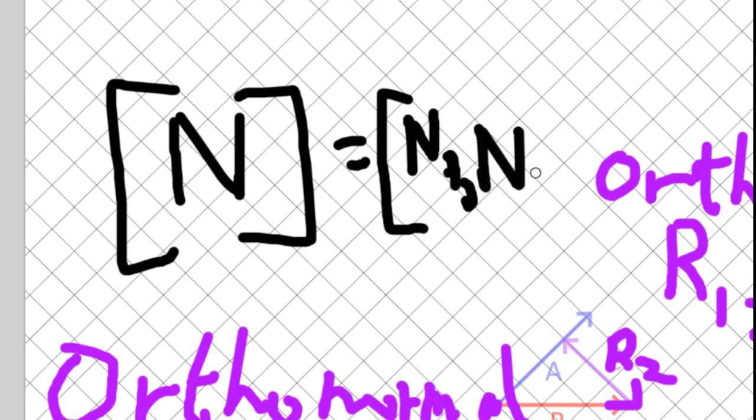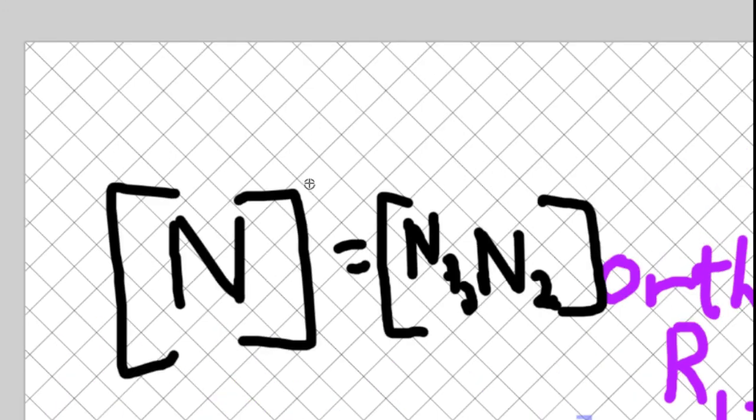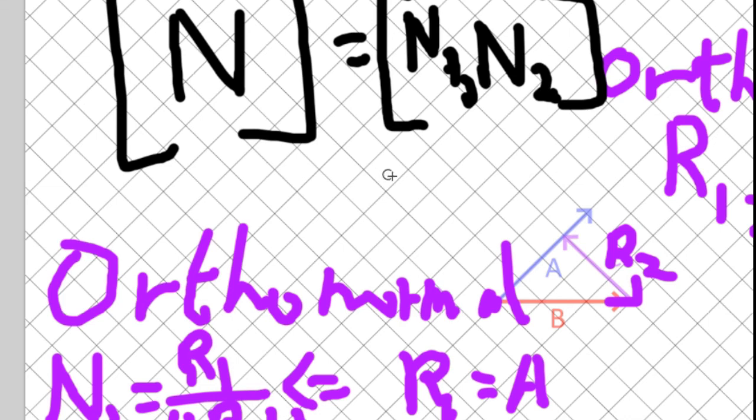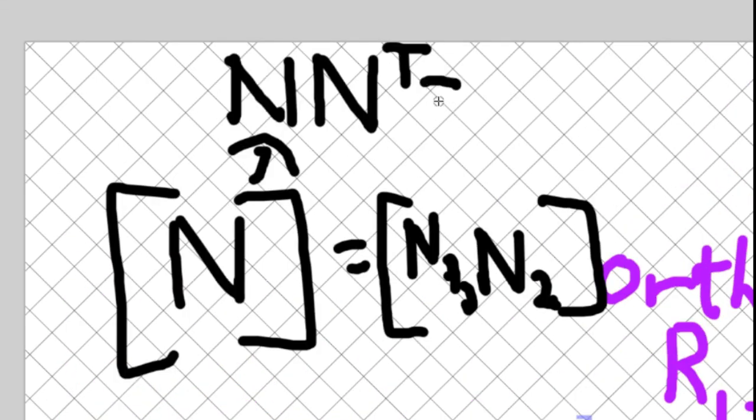In this case, we only have 2 dimensions. If you have the matrix N and multiply it by its transpose, which is just flipping it across its diagonal, then you'll end up with the identity matrix.